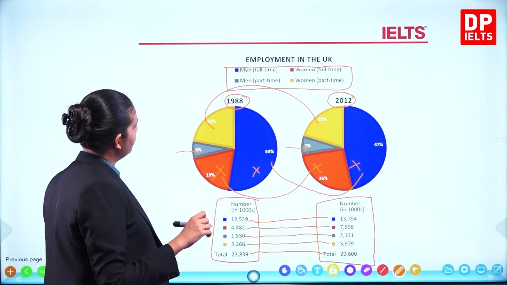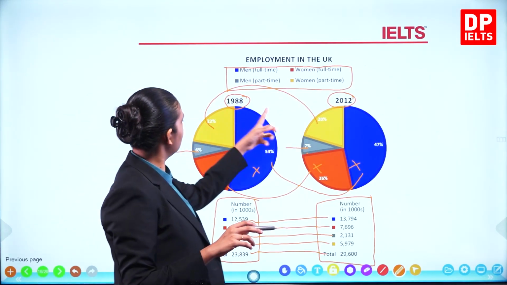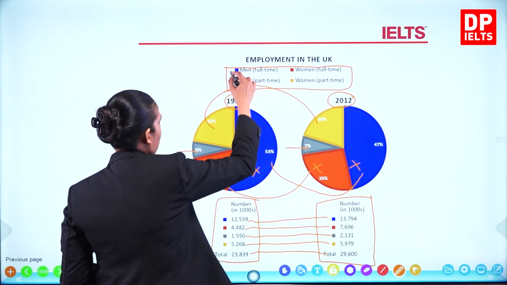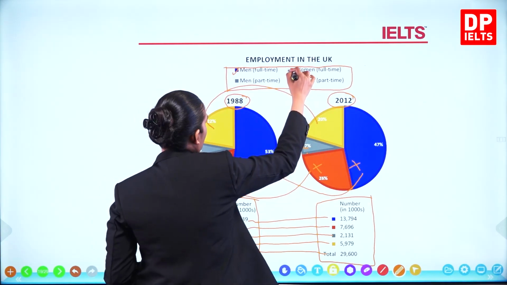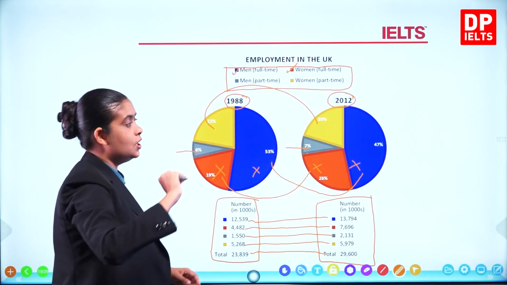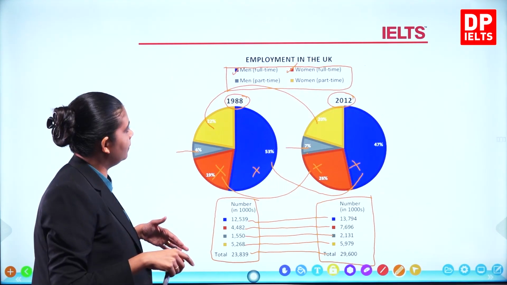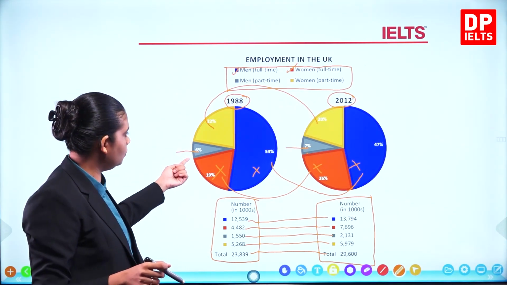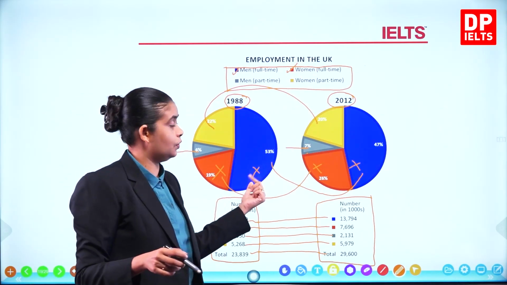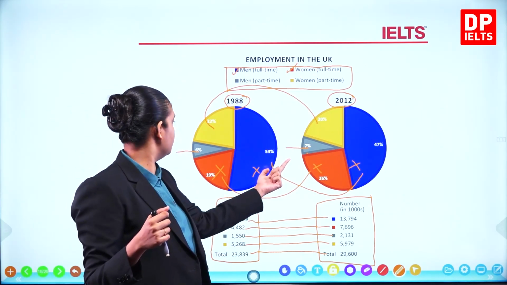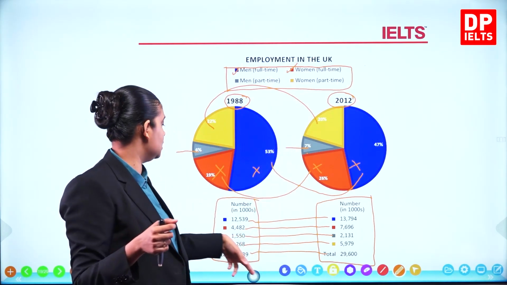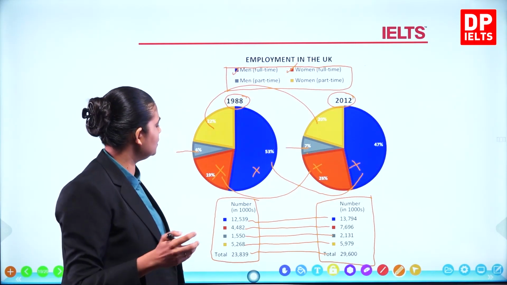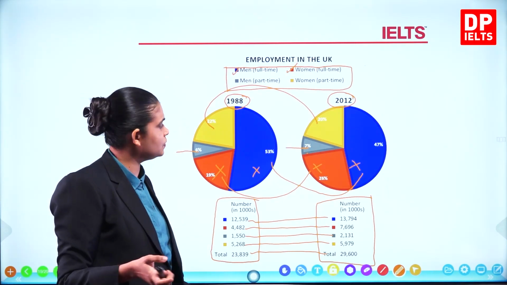So when we're writing the next bit, you could talk about the part-time opportunities, because I've touched on the full-time. Men full-time, women full-time, I've touched on it. So I'd like to then talk about men and women part-time. I'd like to say that men working part-time had increased by 1%, even though the numbers rose, right?